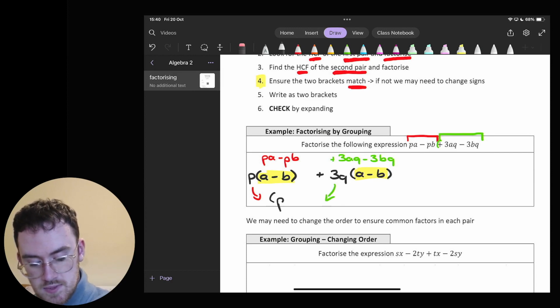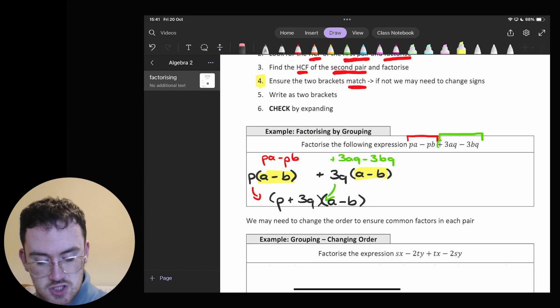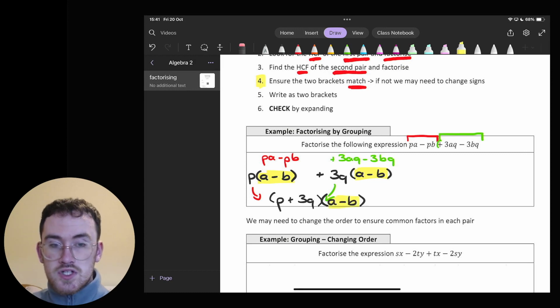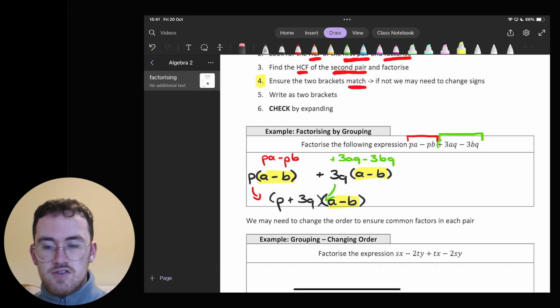So we end up with p plus 3q, and in our second bracket we get the one that matched for both of them. Really we're factoring out that a minus b bracket and adding the two that are left, in the same way that we did before. But if you want to think of it as just bringing the p and the 3q together and leaving the other bracket the same, that works as well.